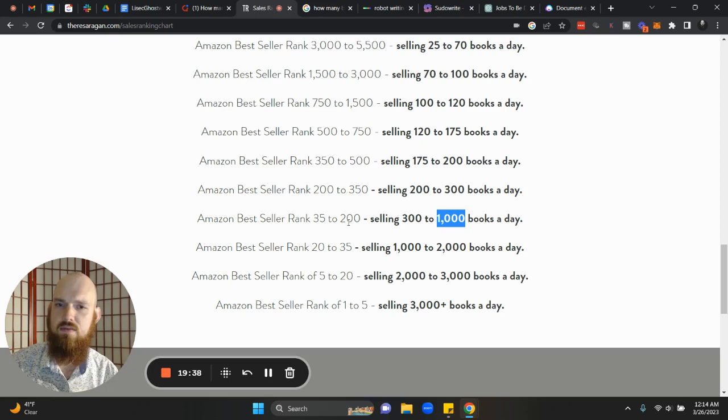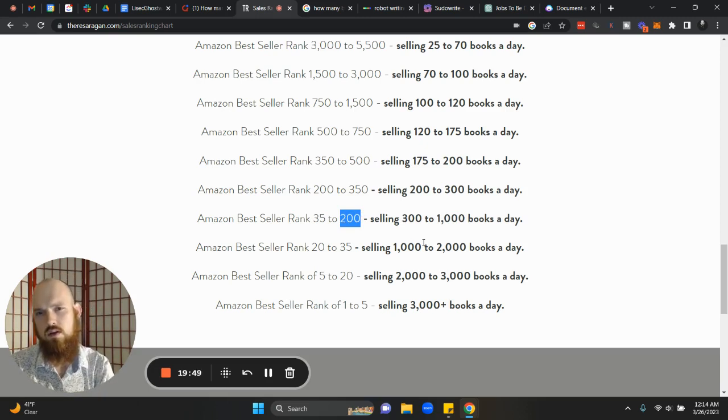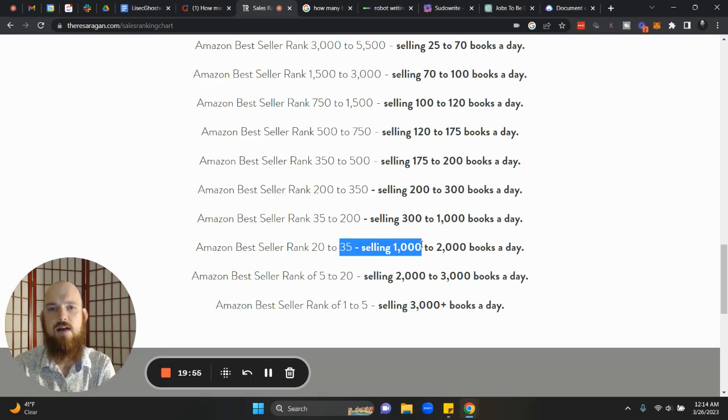According to the Amazon bestseller rank, fewer than 200. In fact, it's closer to, look at this, 35. That's how many books sell 1,000 copies a day out of 32.8 million.